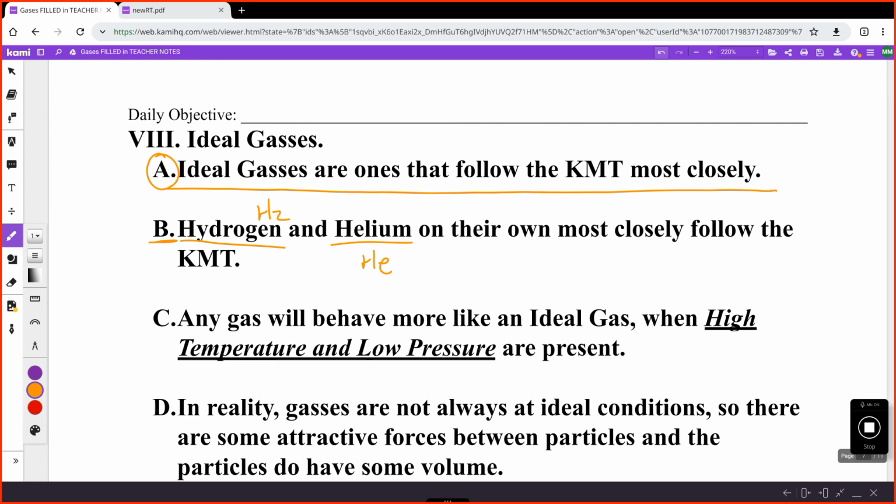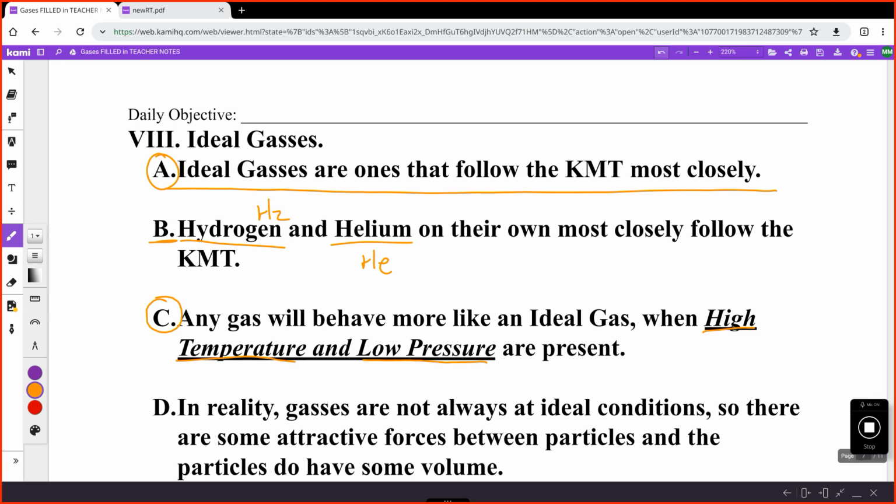However, we can make any gas behave more like an ideal gas. And to do that, we have to just have high temperatures and low pressures. The two things that does, that helps in this situation, is that high temperatures would make the molecules move really fast.